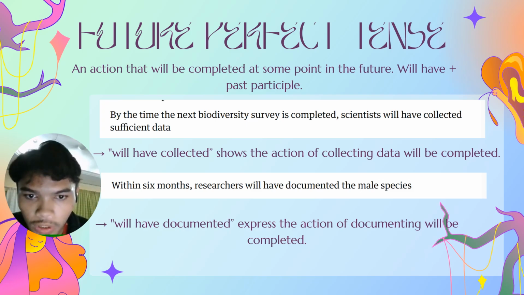But first, how do we know if it's a past participle? We can see that the base word, which is document, is followed by ed at the end, which shows that it is a past participle, expressing the action of documenting will be completed in the future.